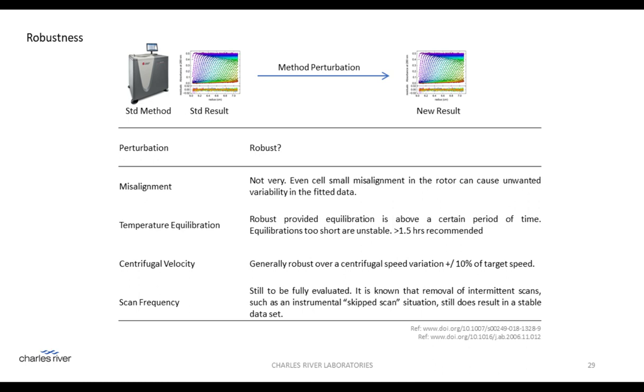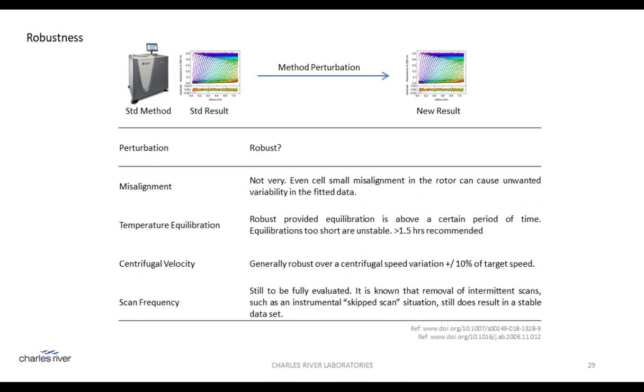With respect to the time allowed for temperature equilibration, that is the time the rotor is allowed to sit still or idle in order that the rotor body and the samples reach a temperature uniformity throughout prior to spinning, we do find the method to be robust for wait times greater than about 60 minutes. Equilibration times shorter than this can lead to unstable data.